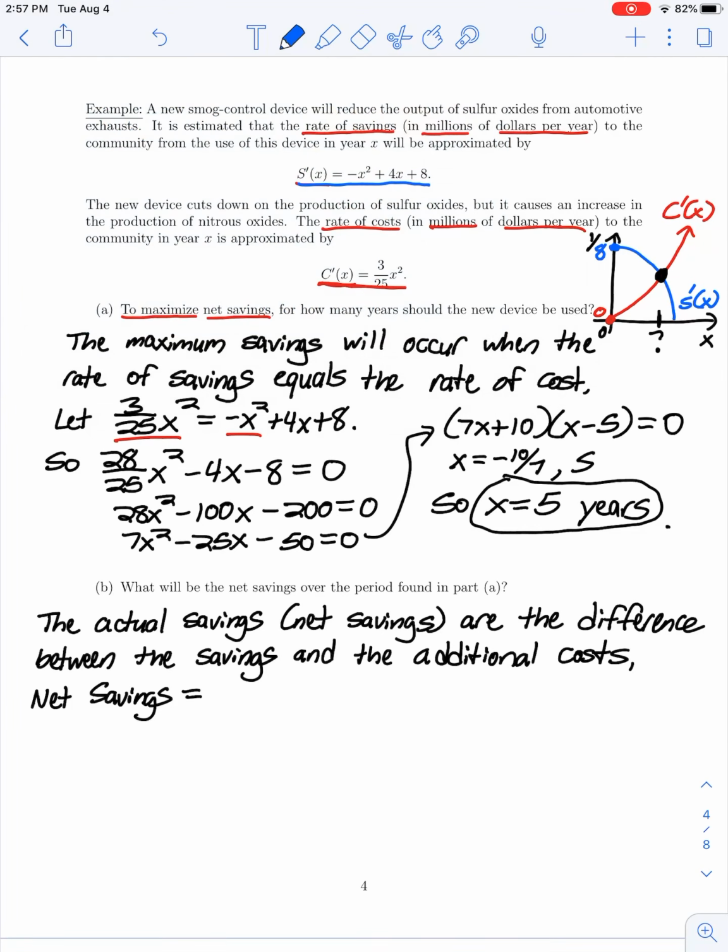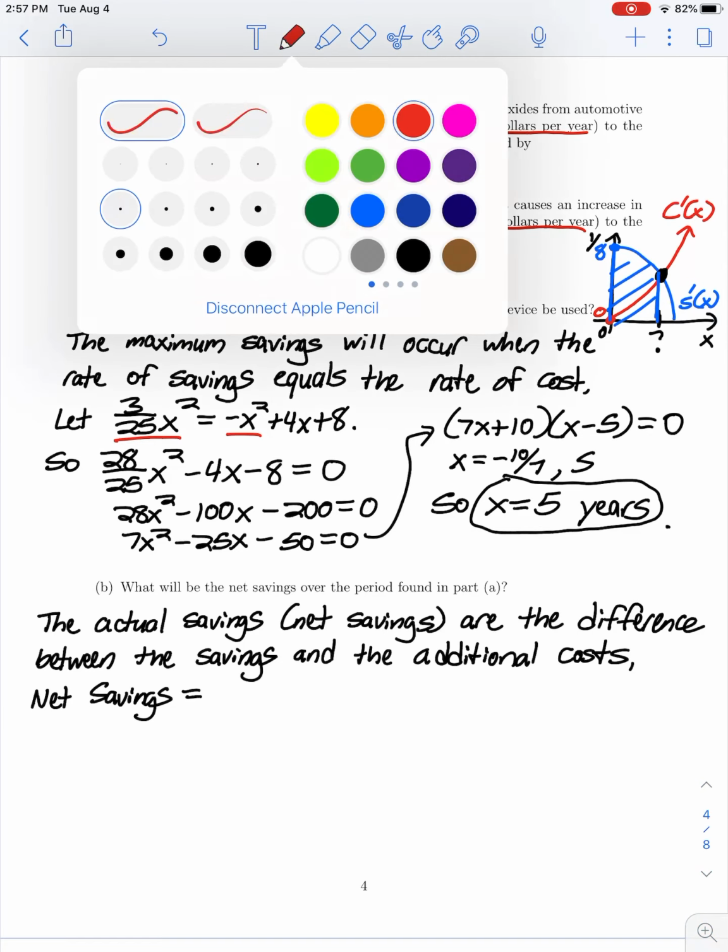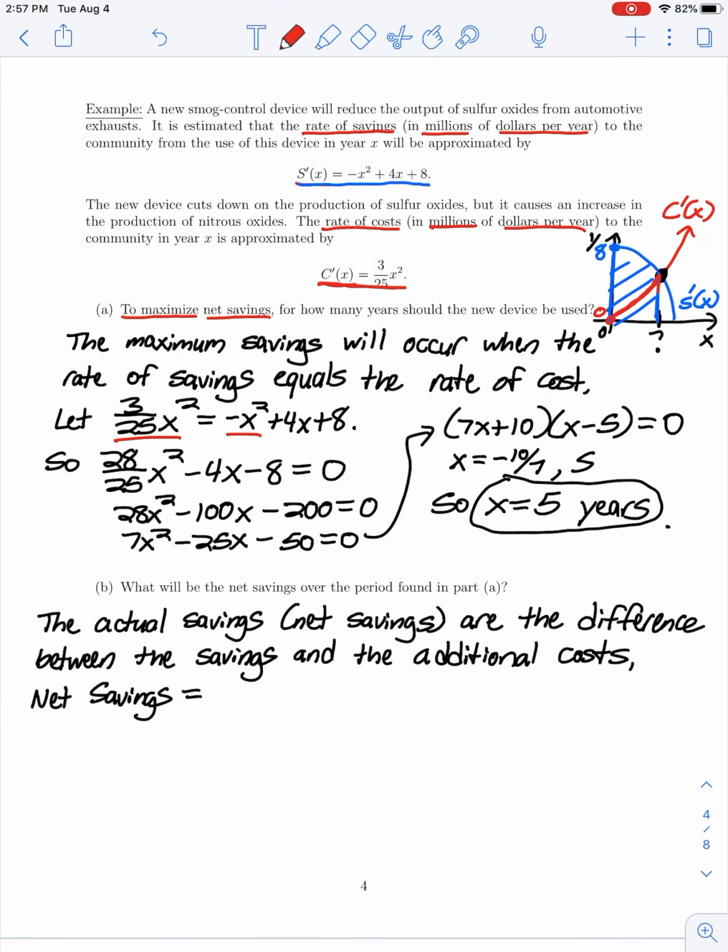So the area under the graph of our rate function for savings, shown here, would give the total savings, whereas the area under the graph of our cost function would give the total costs over that interval.